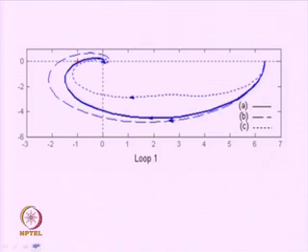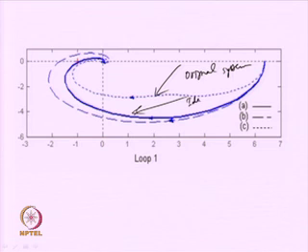Now, what are those two Qs? If you look at this diagram, the dotted one gives you the Nyquist plot for the original system, and the solid one for the identified system. As you see, for loop 1, they are not far off from each other.